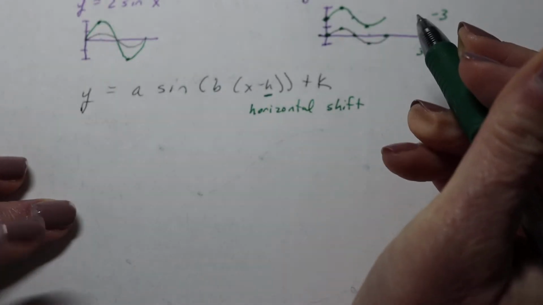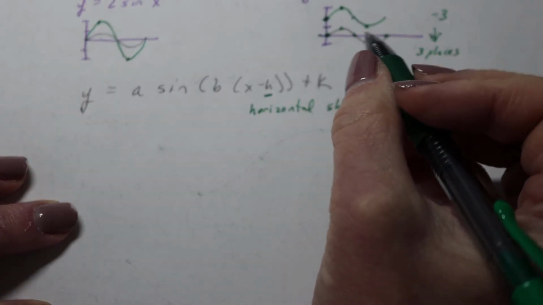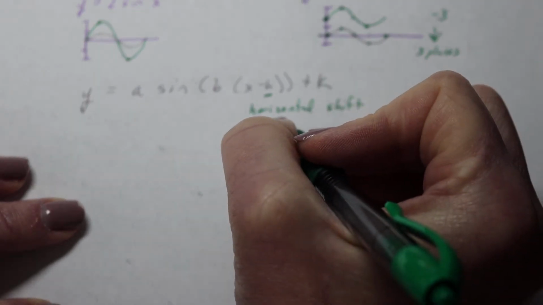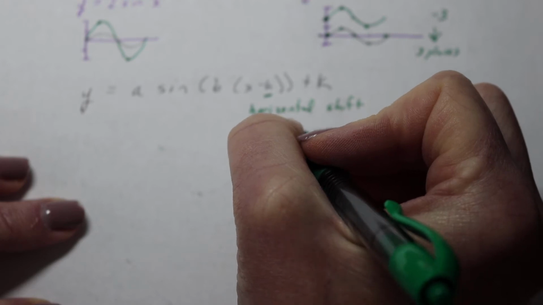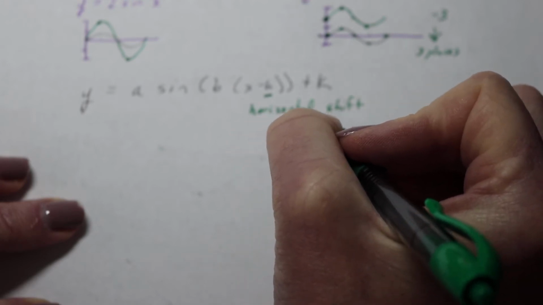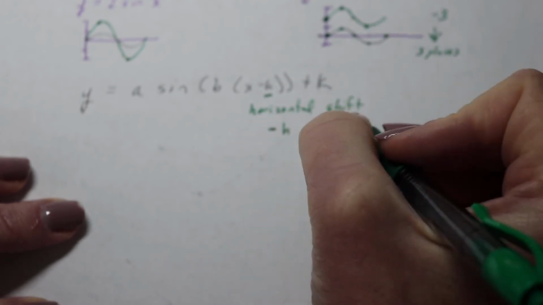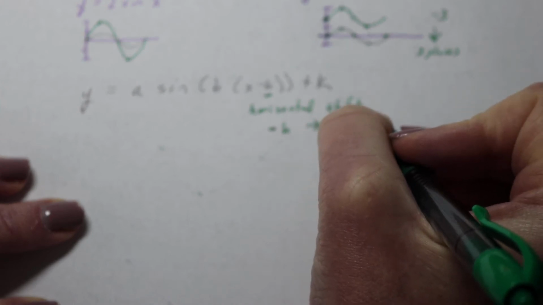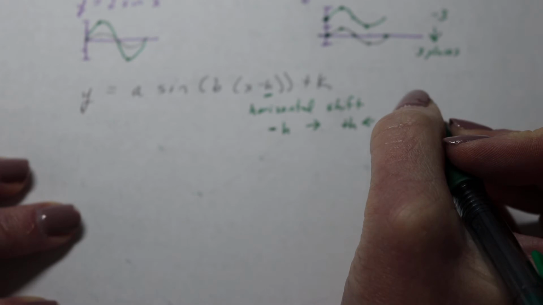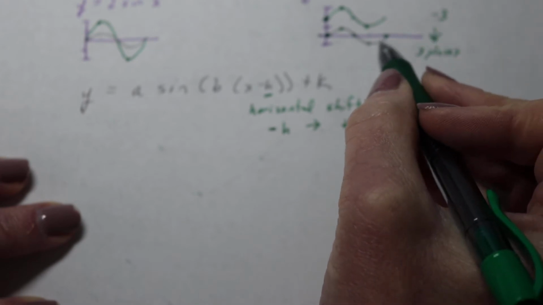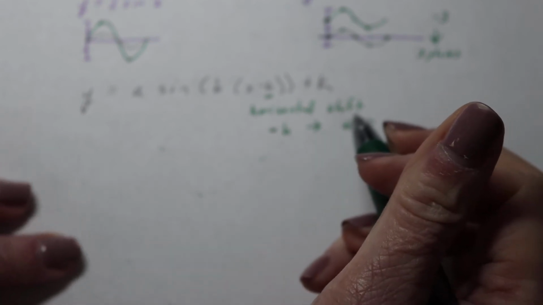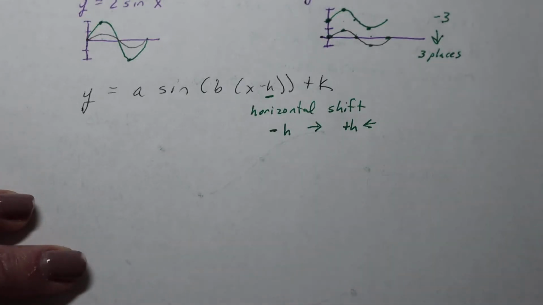This is stuff you studied when you did geometry transformations. If we have a minus sign in there, a minus h is actually going to move the graph to the right. A positive h is going to move it to the left. So my graph may move backwards by pi over 2 or something like that. We're not going to do a lot with horizontal shift, but I wanted you to know what it meant.